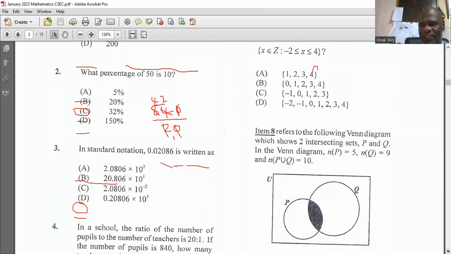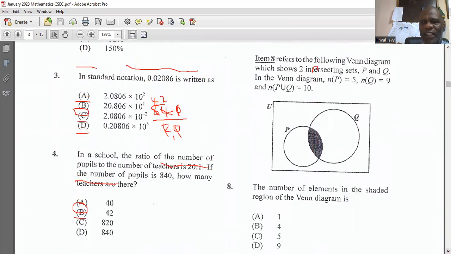Item 8 refers to the following Venn diagram, which shows two intersecting sets, P and Q. In the Venn diagram, the number of elements in P, let me get back my pen. Okay, so let me see now.